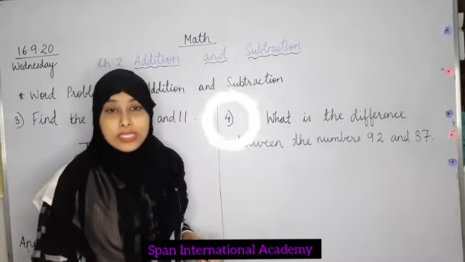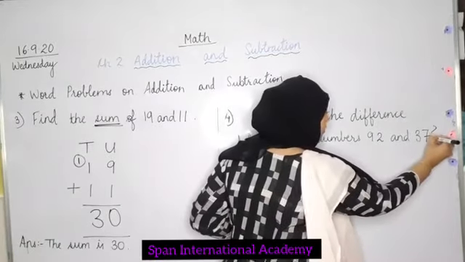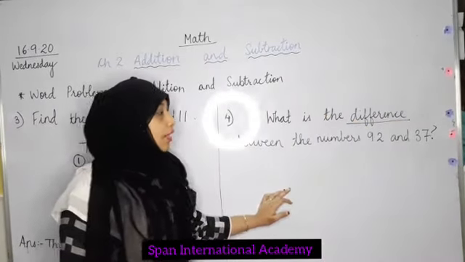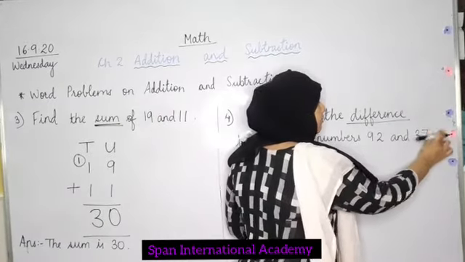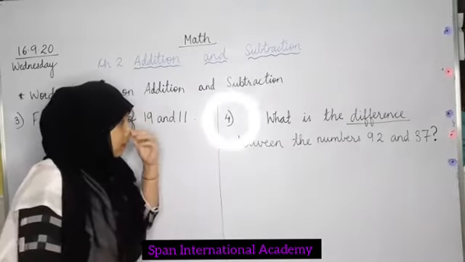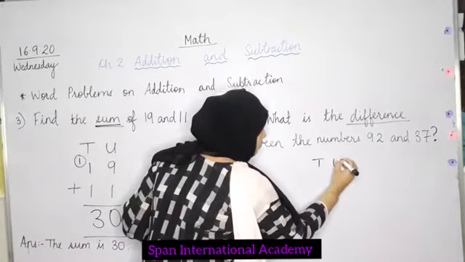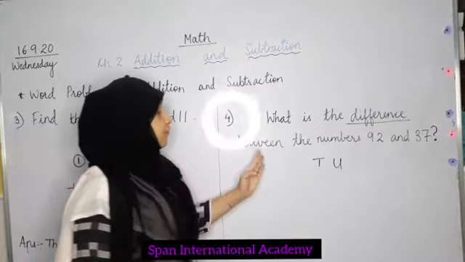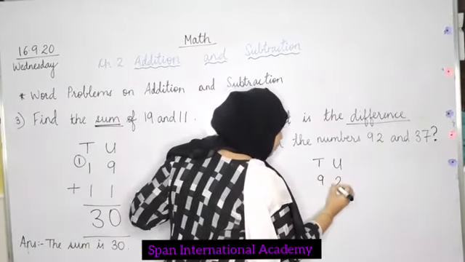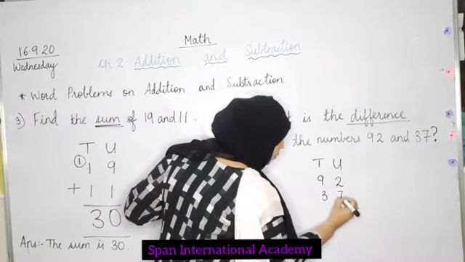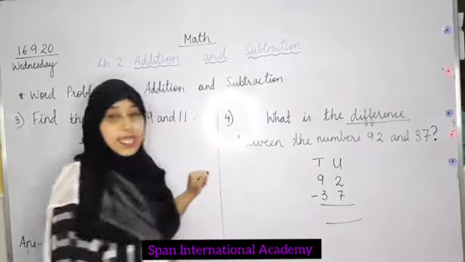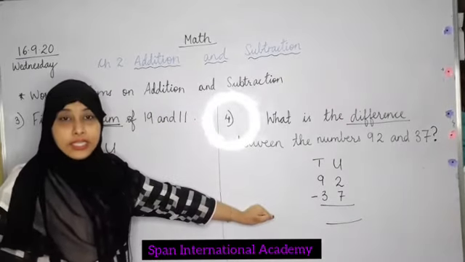When we read this question, it is very clear. With the help of the word difference, we have to subtract. We have to subtract over here. Okay? Again, T and U, that is the place value. Difference between the numbers 92 and 37. So I will write 92 here and 37 over here. And this is the minus sign because we have to find the difference.